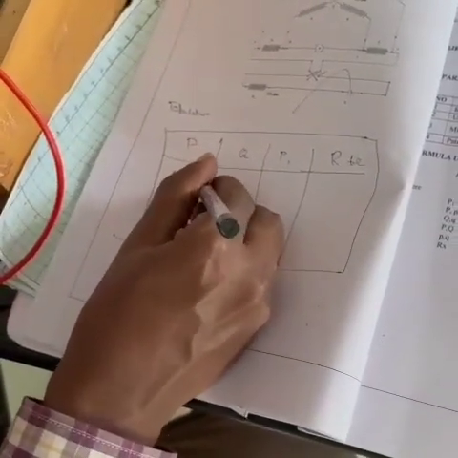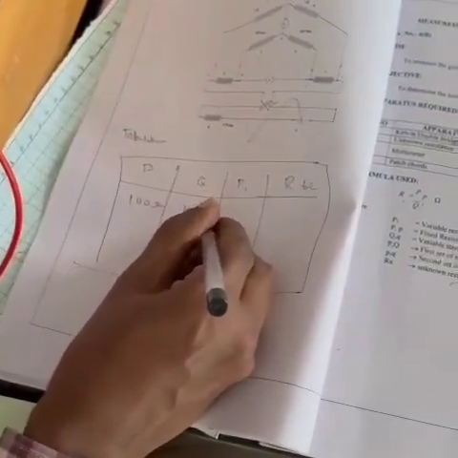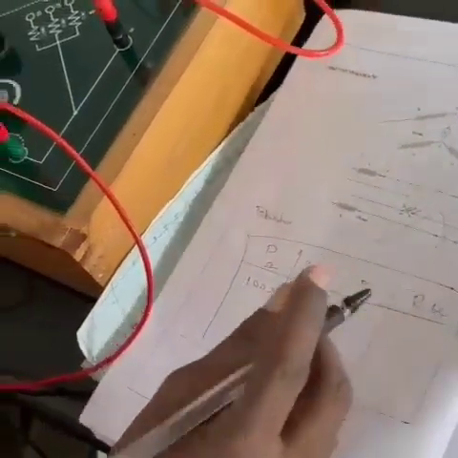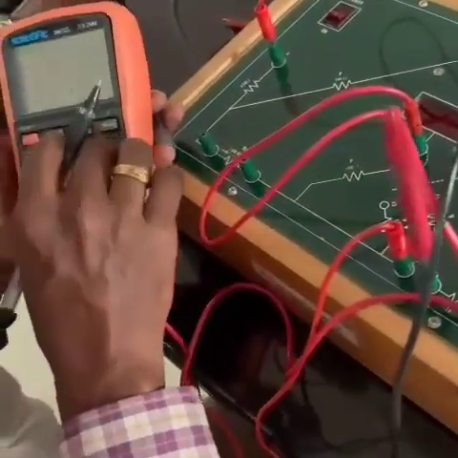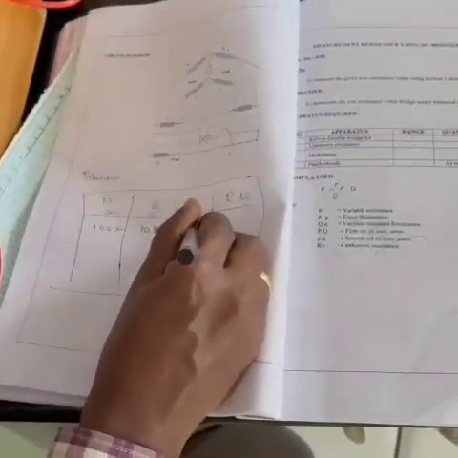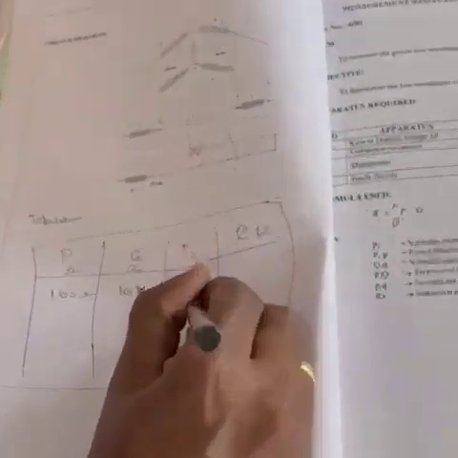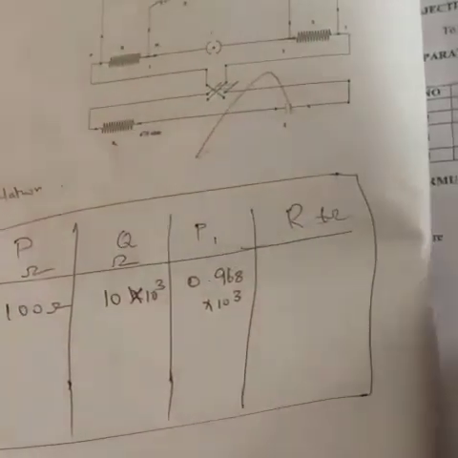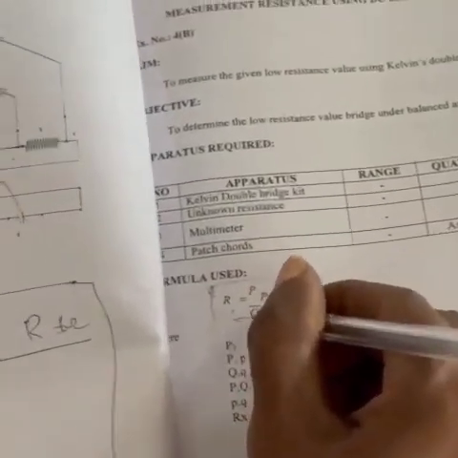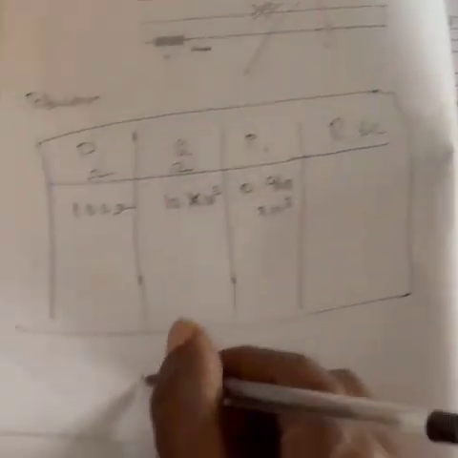Now the value of P, we know as 100 ohm, and the value of Q is selected as 10 kilo ohm, which is 10 to the power 3 ohm, and P1 is 0.968 kilo ohm, which I can write as 0.968 into 10 power 3. By using this formula, R is equal to P by Q into P1, we can calculate the value of the unknown resistance.